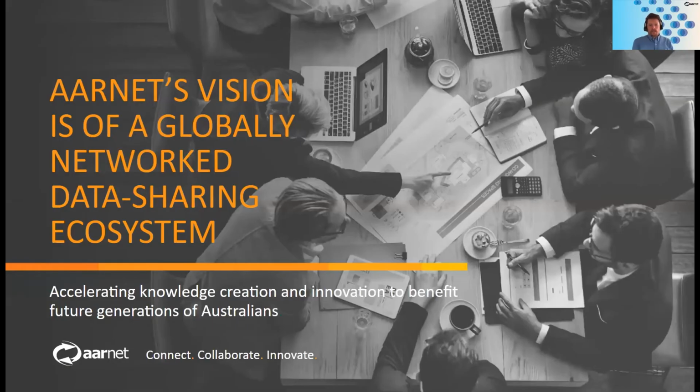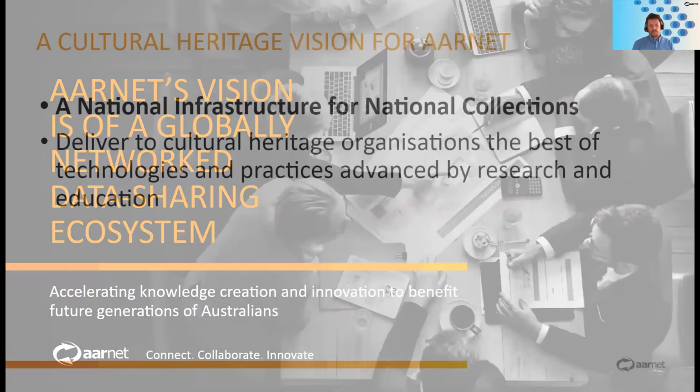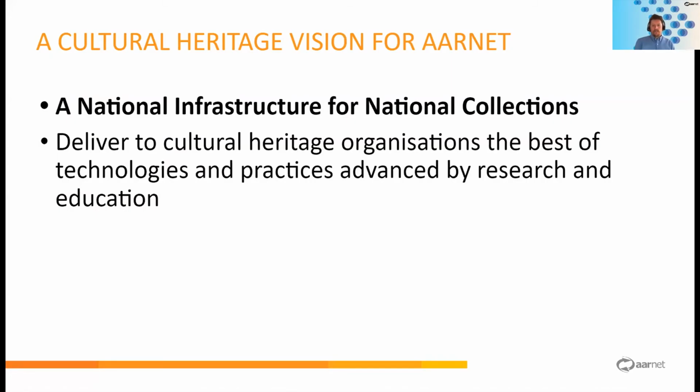So AARNet's vision is to support and accelerate the innovation within Australia's research and education sectors, which also includes cultural institutions. As a national resource, we are well placed to deliver a benefit to cultural organisations from the investments in research technologies that we are making.